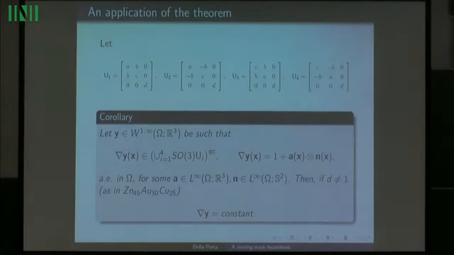Given that, let me try to tell you why this differential constraint is restricting the possible microstructures. Let me consider 4 martensitic variants, U1, U2, U3, U4, which are 4 out of the 12 possible variants that you have in zinc and gold copper.